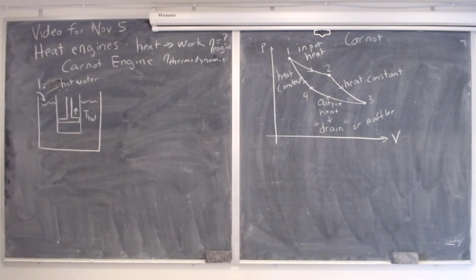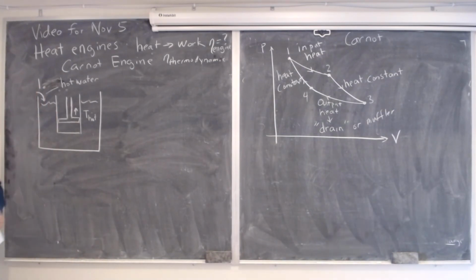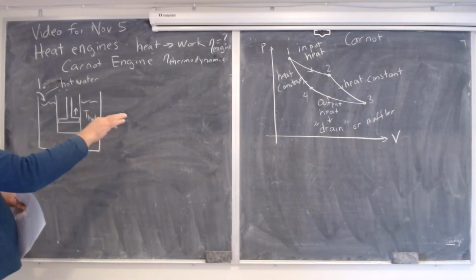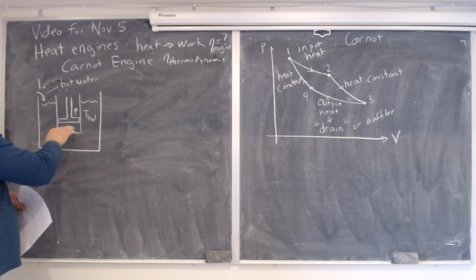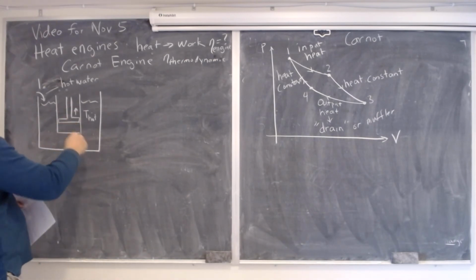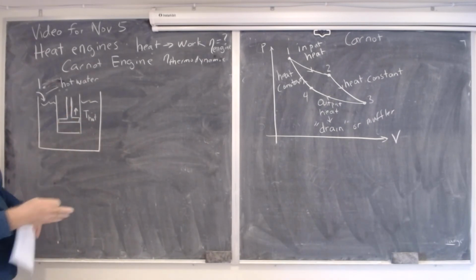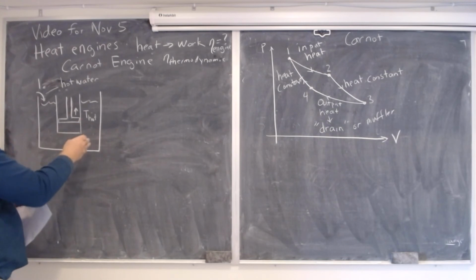This is a made-up engine, but it's a way of describing how it works that in principle you could make. At point 1, which is where it's gone through its maximum compression point, you fill this bath instantaneously with hot water, T hot.